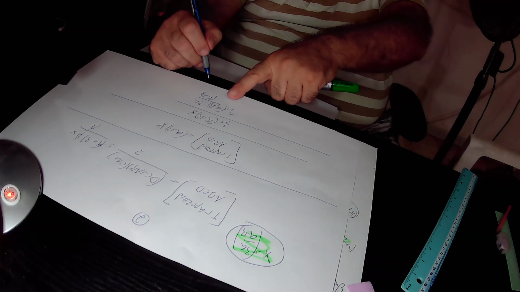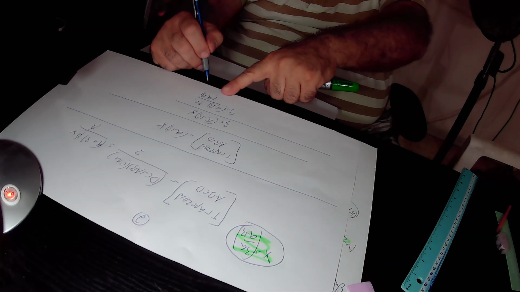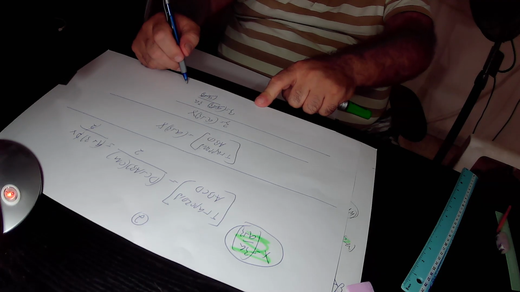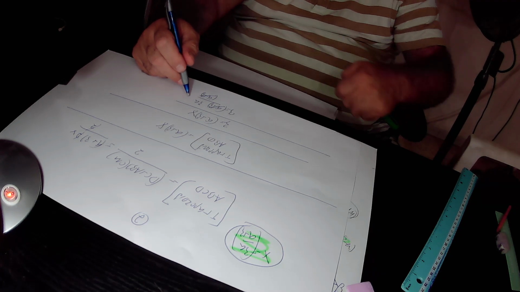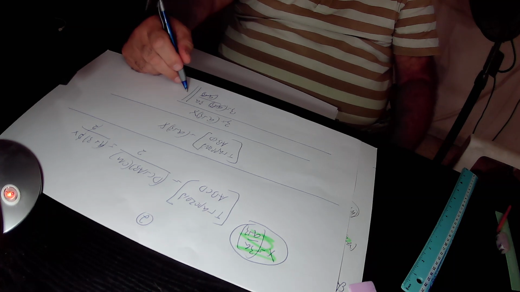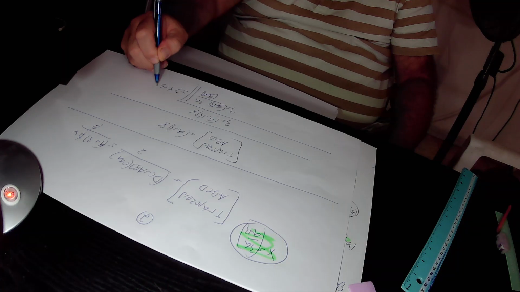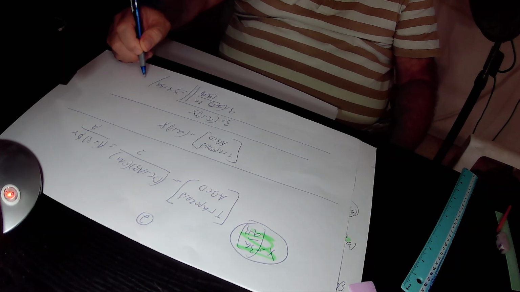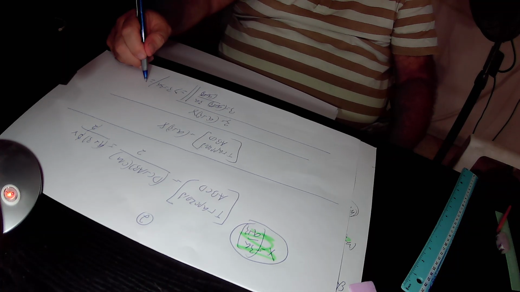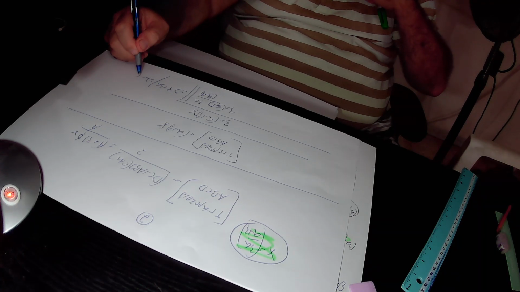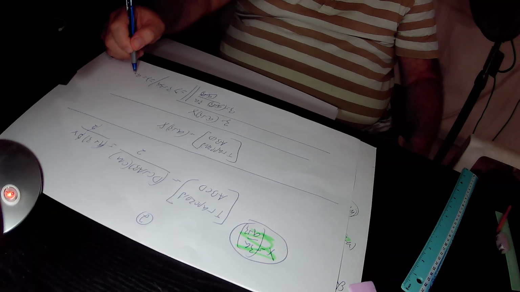We have A plus 3 in the numerator and A plus 3 in the denominator, so A plus 3 gets cancelled, and we're left only with 3 equals 3A. Here we divide this equation by 3 and finally get that A equals 3 over 3, which is 1. So A equals 1 unit in length.